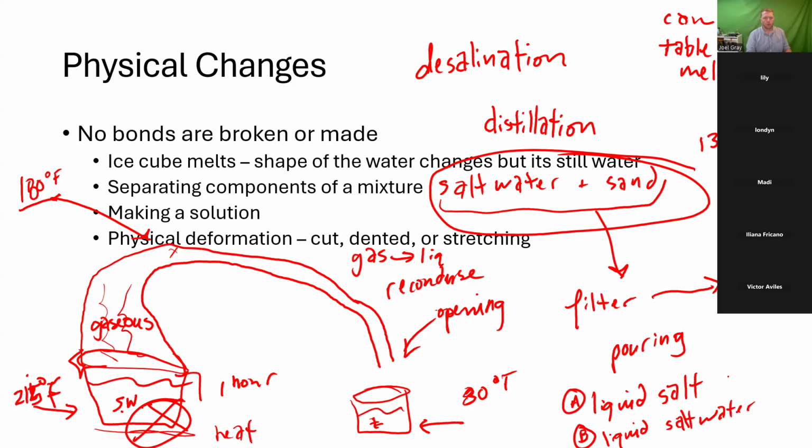No. In order to have liquid salt, it's got to be like over 1,000 degrees. To have liquid salt water, that's at room temperature. One of those, if you pour it on your hand, like if you have an open cut, you'll be like, ooh, that stings. The other one, if it's poured on your hand, it'll be like, oh my gosh, my hand disappeared because it's over 1,000 degrees. I just stepped into a volcano sort of situation. Okay, so when a physical property or physical change has taken place, then we are talking about something that can be kind of undone, as opposed to bonds being broken or being made.